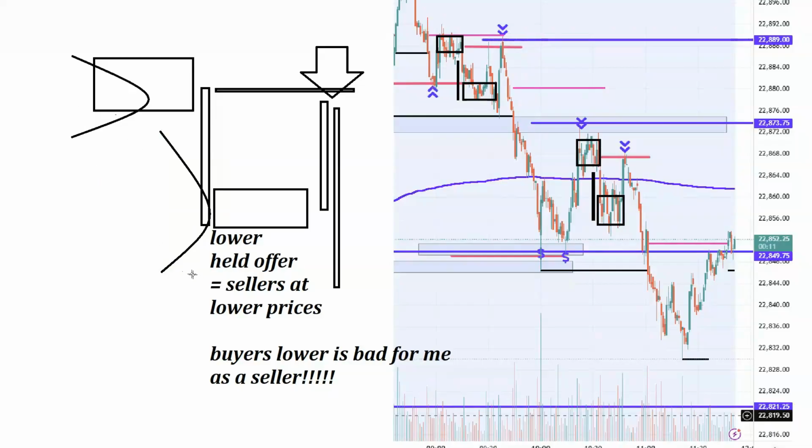And a double distribution lower is a lower held offer, correct? Because how did you get a distribution at a lower price unless the offers were being held at a lower edge? So what does it mean if offers are being held at a lower edge? That means there's sellers at a lower price, because there's always going to be buyers at a lower price, isn't there? Do we agree with that? There's always buyers at lower prices.